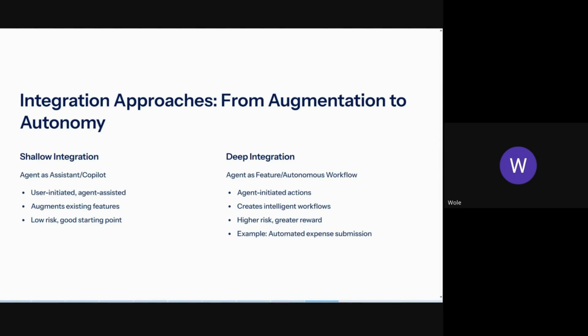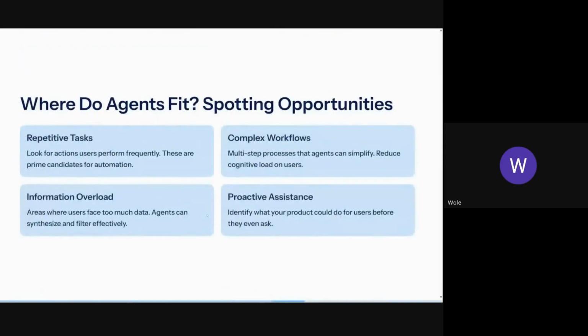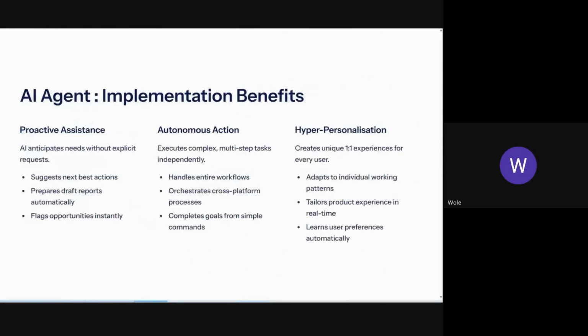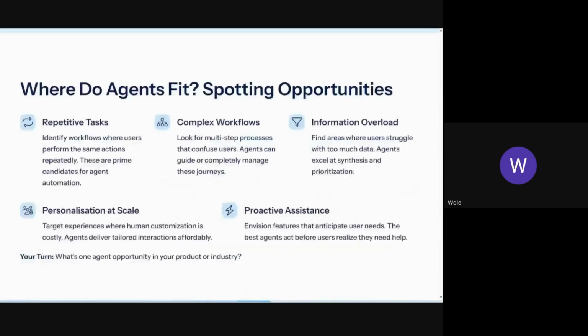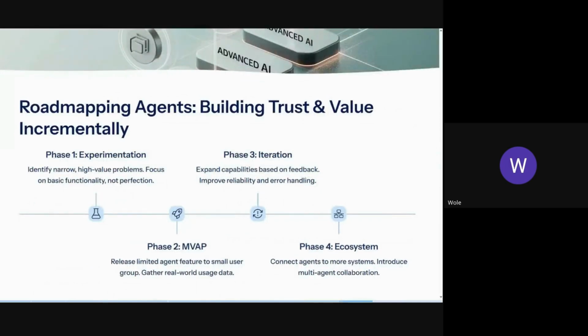So that's how I'll go with a deeper integration. But to get to a situation where you have that level of trust in your legacy system and your agent speaking to it directly, you will need to get a lot of stakeholder buy-in. And for you to have the stakeholder buy-in, it's back to we have to go with the shallow integration, where it's a high value problem, but we just go with the basic functionality.